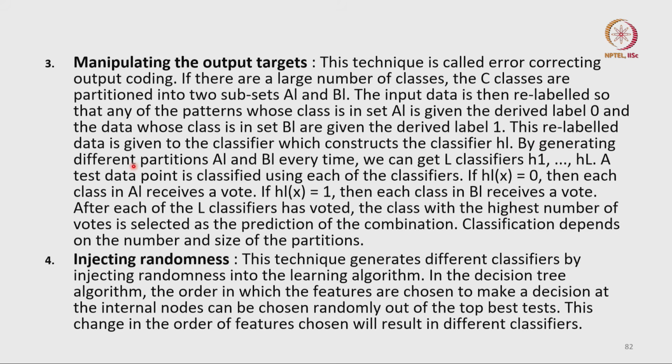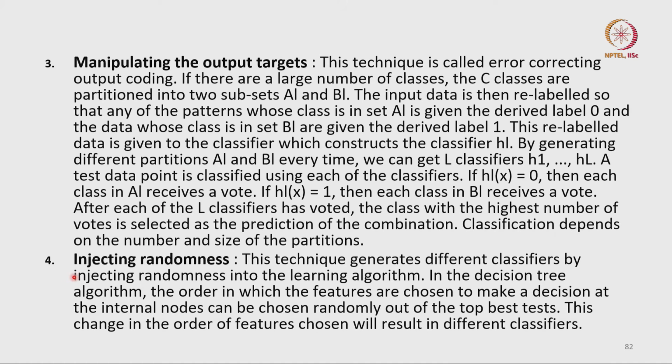This relabeled data is given to the classifier, which constructs a classifier H1. By taking different partitions A1, A2, you can get different classifiers H2, H3, etc. So, this is by manipulating the classes that you are using. Okay. You divide it into subclasses and change the labeling of the classes basically.